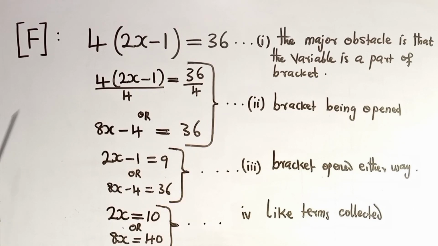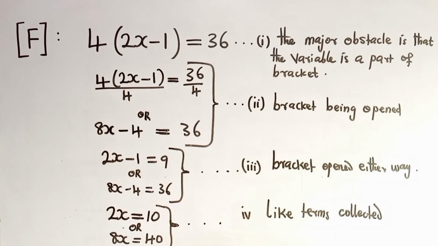What do we have? When this 4 divides 4 bracket 2x minus 1, will the answer become 2x minus 1? Is 2x minus 1 what we get out of this expression? If we cannot tell whether it is correct that what we get out of this expression is 2x minus 1, then there is something you did not learn earlier. You did not learn about associative law in a topic known as arithmetic laws.